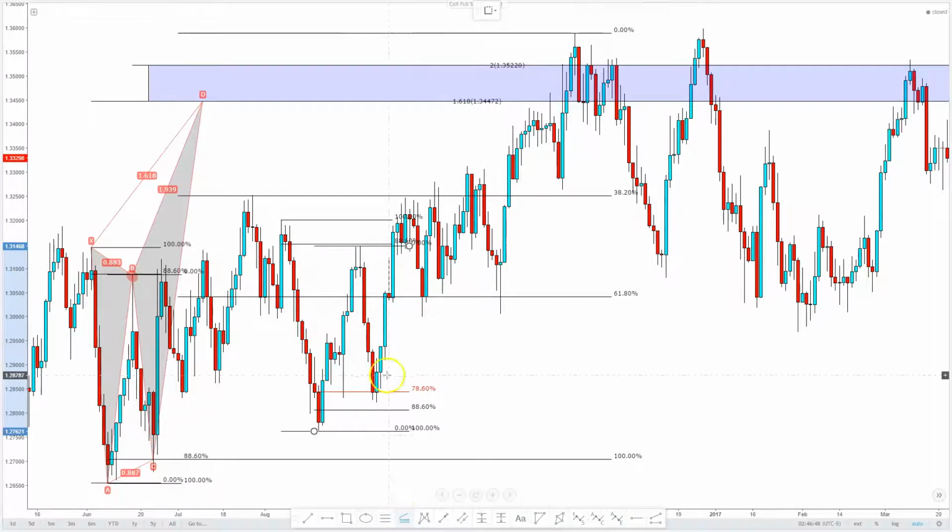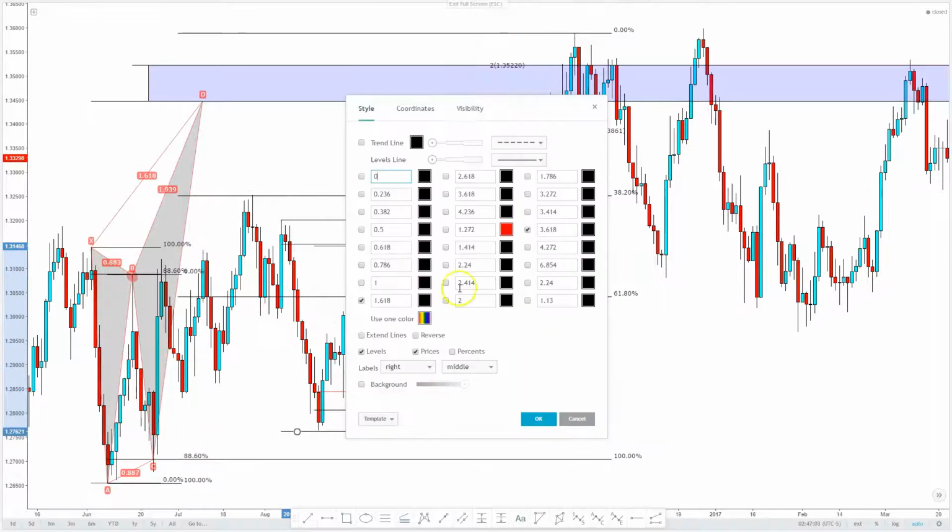So let's do our ABA once again, step by step. A, B, A. Once again, our ABA, we expect it to be 200%. For a bearish deep crab, we expect it to be at 200% all the way to 3618.